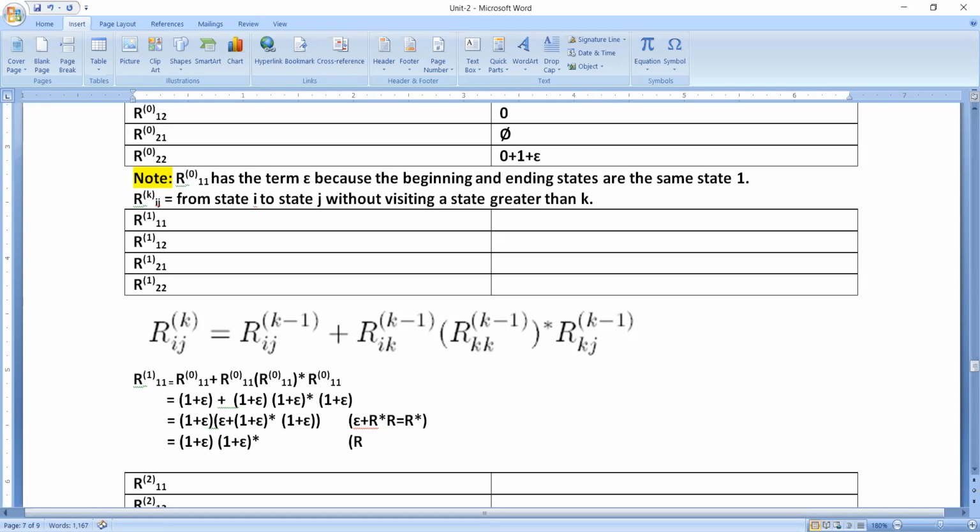We can write r star equivalent to r star r equivalent to r power plus.